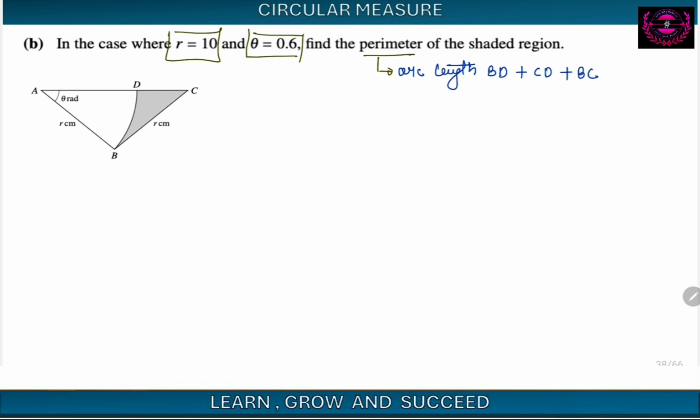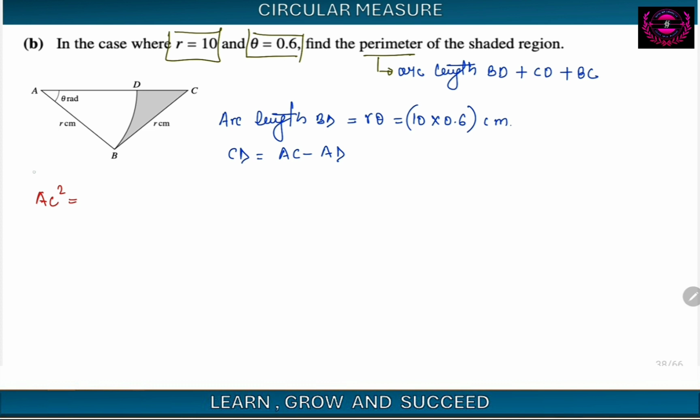So arc length BD is R into theta, which is 10 into 0.6 centimeter, and CD is AC minus AD, and AC we can calculate using either sine rule or cosine rule.